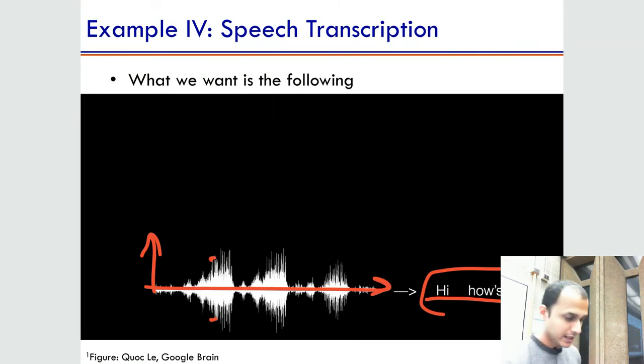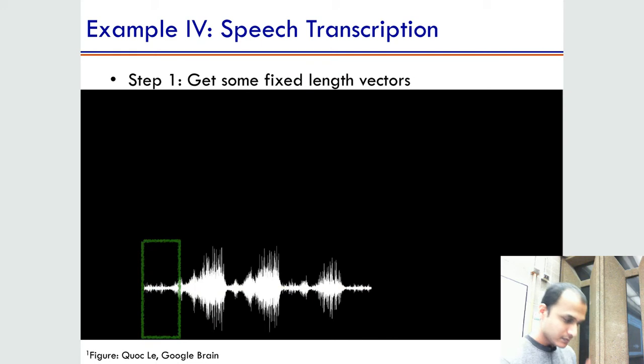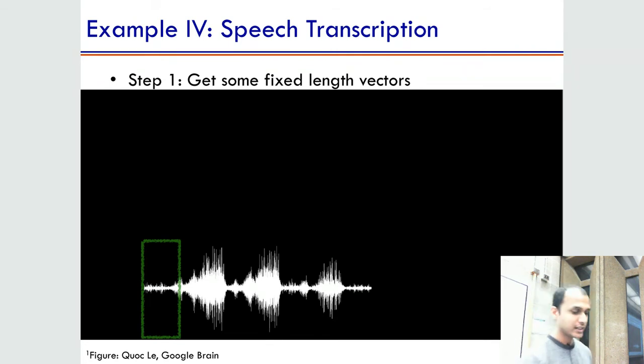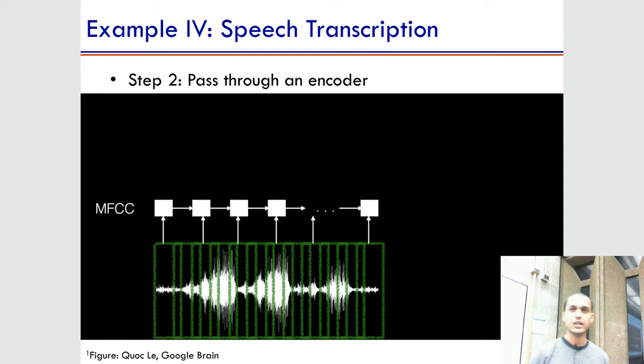Now the way people generally go from this one-dimensional data, time versus some magnitude numbers, is to transform it to what are called MFCC features. Okay, and these are essentially features in a different domain. Like a transformation just means going from some domain to another, right?